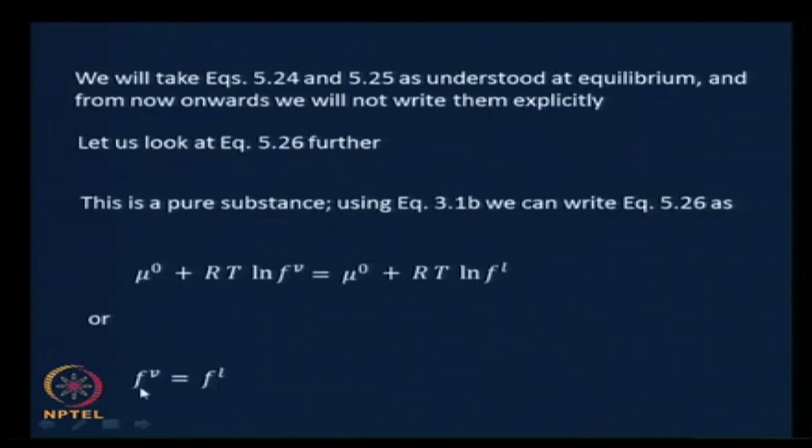The fugacity of the pure substance in the vapor phase must equal the fugacity of the pure substance in the liquid phase, and let us say that we are going to call it the fugacity of the saturated, or the saturated fugacity value. We will call this equation 5.27.